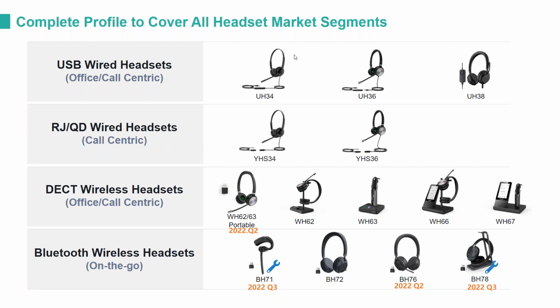Whether it's the USB ones, DECT ones, or Bluetooth ones, the Bluetooth ones will be close to the Jabra models. The DECT and USB ones are lighter than other brands. We want them to feel very comfortable after a long meeting. So weight is not a problem. You guys are going to love it.